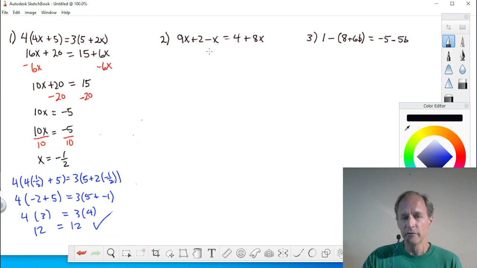So yeah, you've got to combine those like terms, okay? You see that kind of problem, you have to combine. So the 9x and the negative x we're going to combine. That's 9x minus x. That's 8x. We've still got the 2. We won't do anything with it right now.